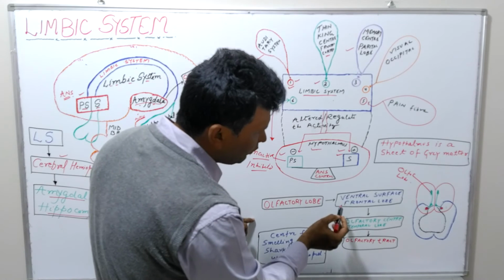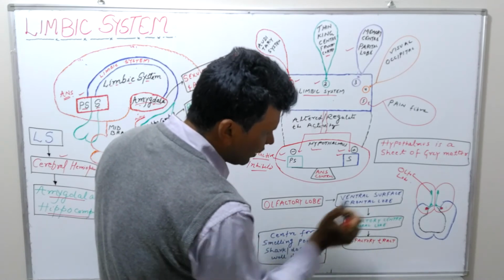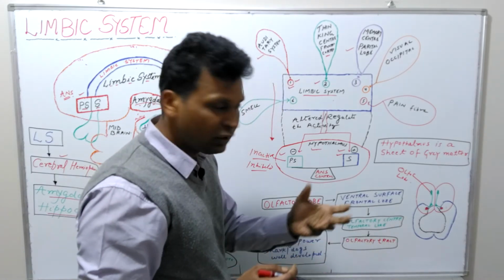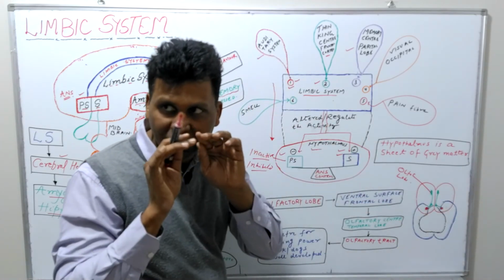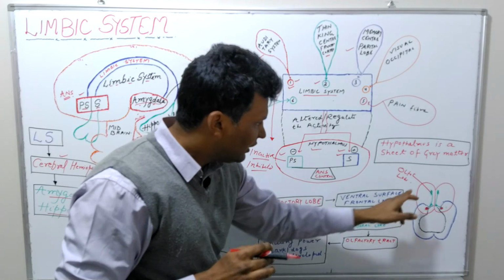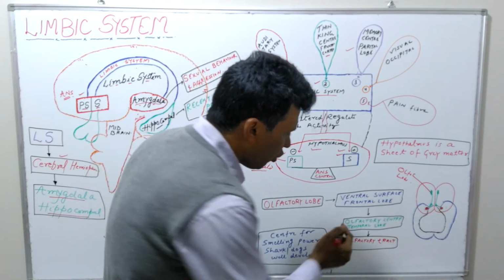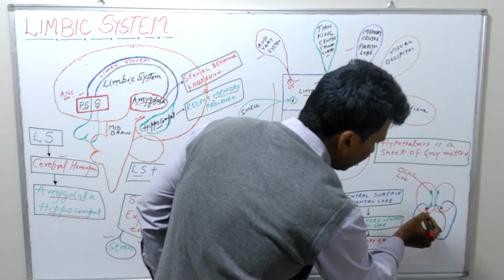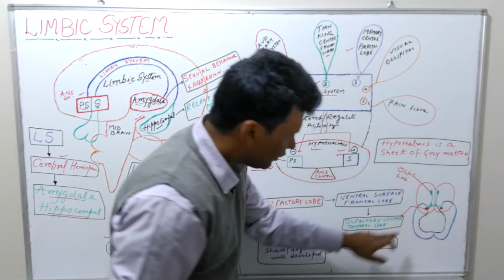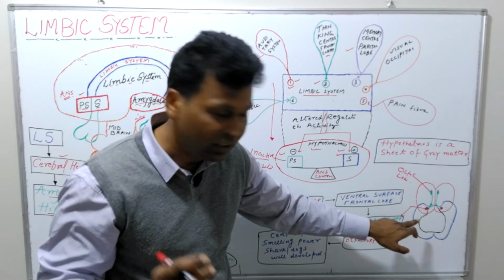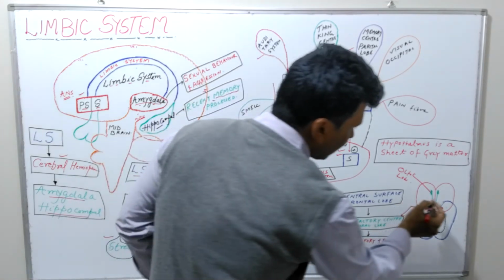This olfactory lobe is present on the ventral surface of the frontal lobe. These are two bean-like structures on your frontal lobe. This frontal lobe is connected with your olfactory center, and this is connected with the olfactory center through the olfactory tract.